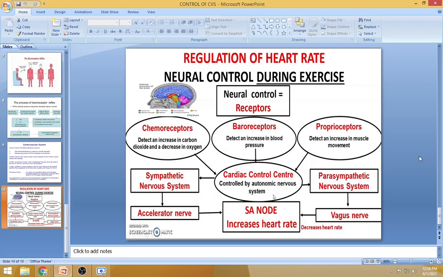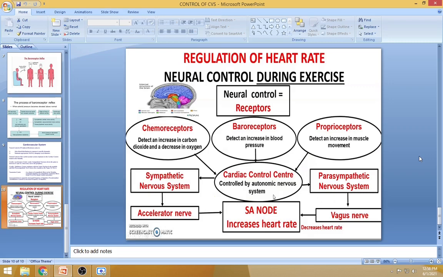All right, I have named a number of them. I said it's CNS ischemic response. Besides baroreceptor mechanism, the proprioceptors, the chemoreceptors, I told you about Bainbridge reflex, and I told you about the CNS ischemic response. Okay, there are so many. There's a long list, but a few of these, it will be more than sufficient.